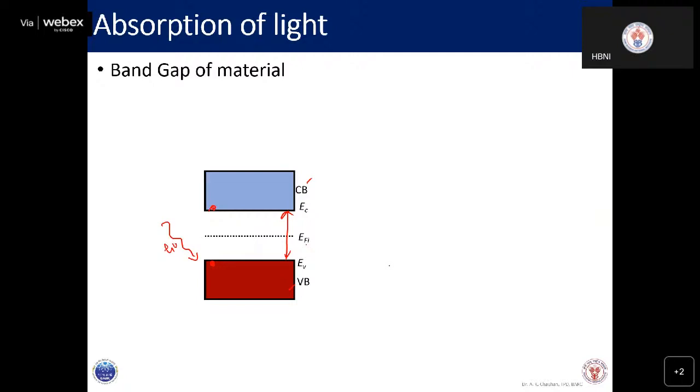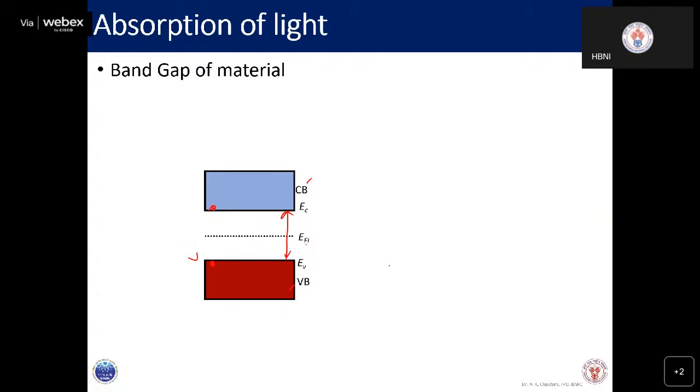Like copper, suppose you have a copper plate and radiation is falling on it, the entire radiation will be absorbed, nothing will be found. So band gap plays an important role.